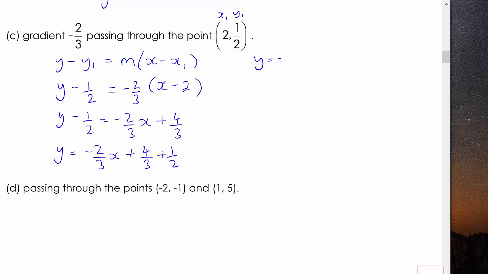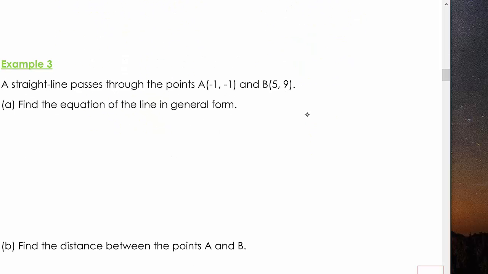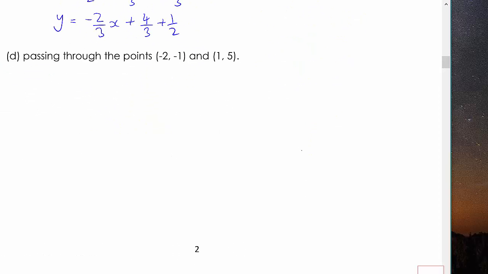So y is going to be negative 2/3 x plus 8/6, add 3/6. So we get y is negative 2/3 x plus 11/6.